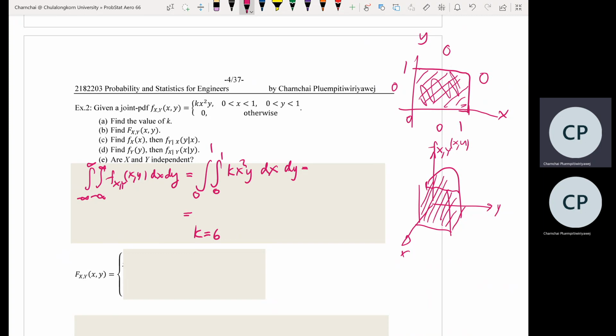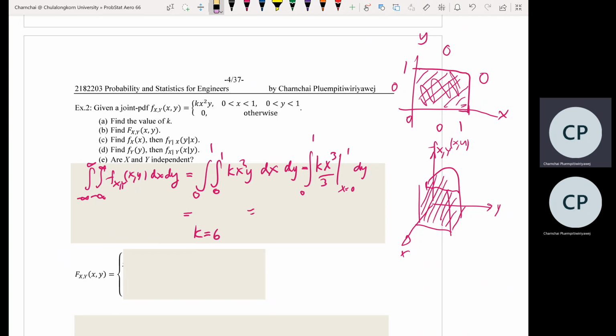Let's see, k x cubed over 3, x from 0 to 1, and then the integral dy from 0 to 1.